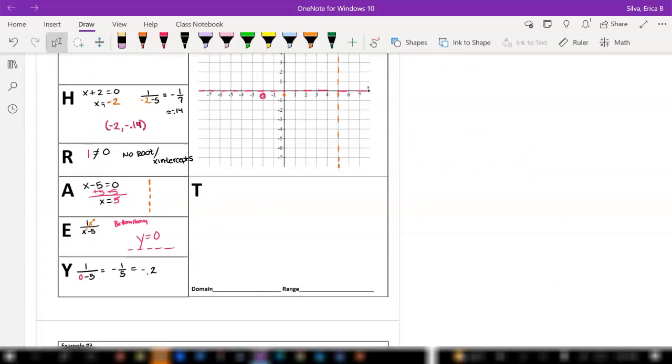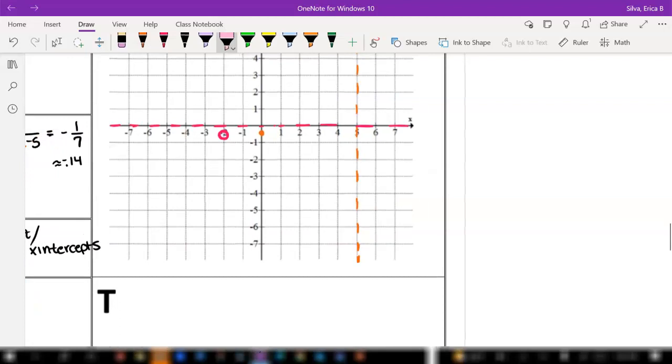Now for the test points, we want to be strategic. So we want to look at the vertical asymptote, and we're going to look at the two x values to the left of it. The reason for that is because we want to see where the curve is, and wherever the curve is, we'll be able to sketch the rest.